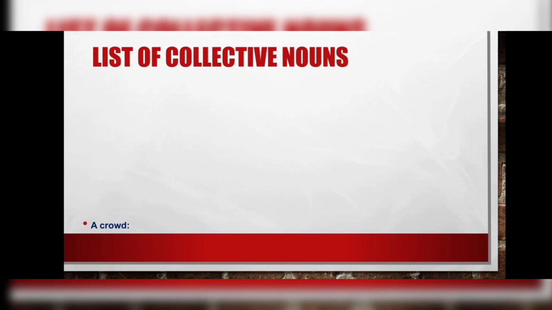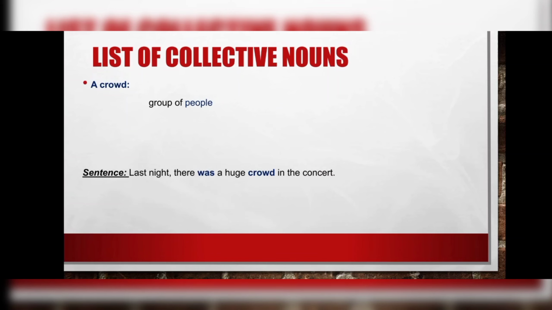Similarly, we have another collective noun, that is a crowd. This is also a very familiar collective noun. What is a crowd? It is a group of people. If many people are in one place, you can simply say it is a crowd.